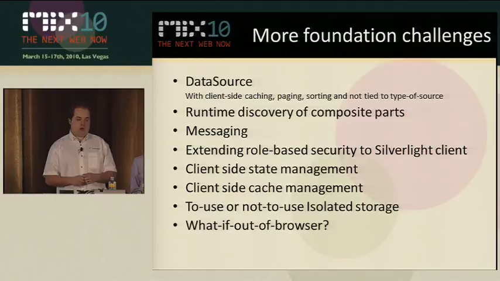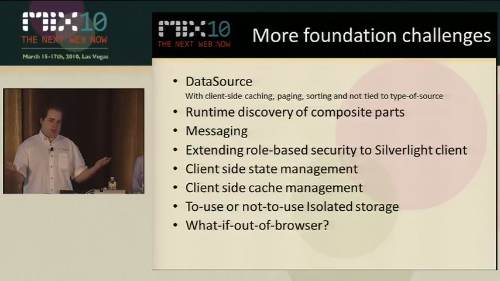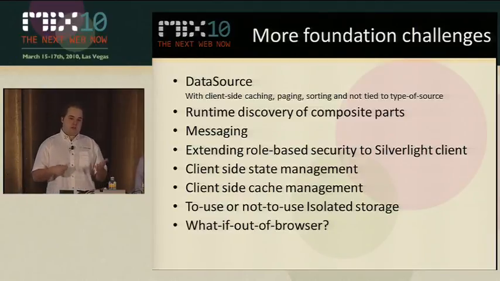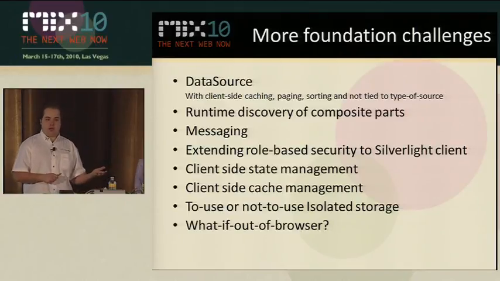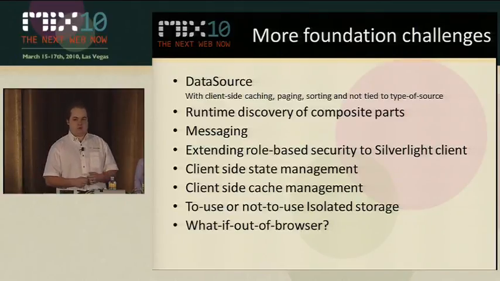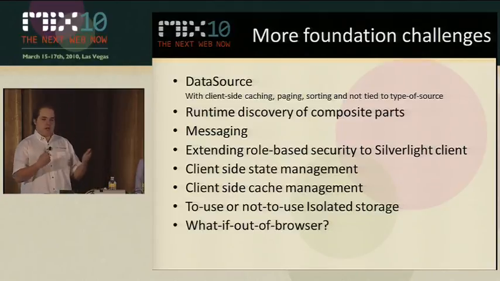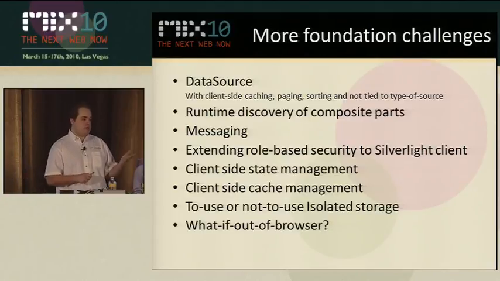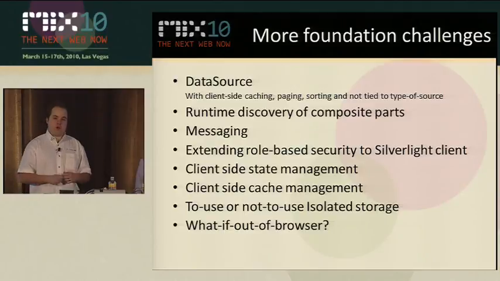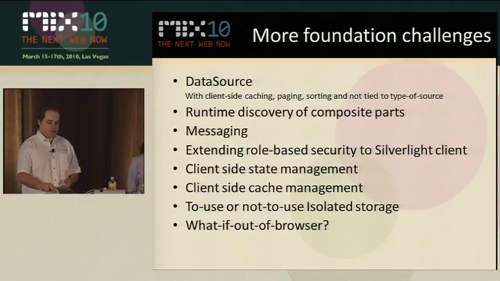One is the size footprint. For a larger application like this, we may have to start managing how much space is actually used, because we can't rely on the user to give us more space. And then there are other considerations we haven't delved into, such as bringing some of those portions into an OOB model.